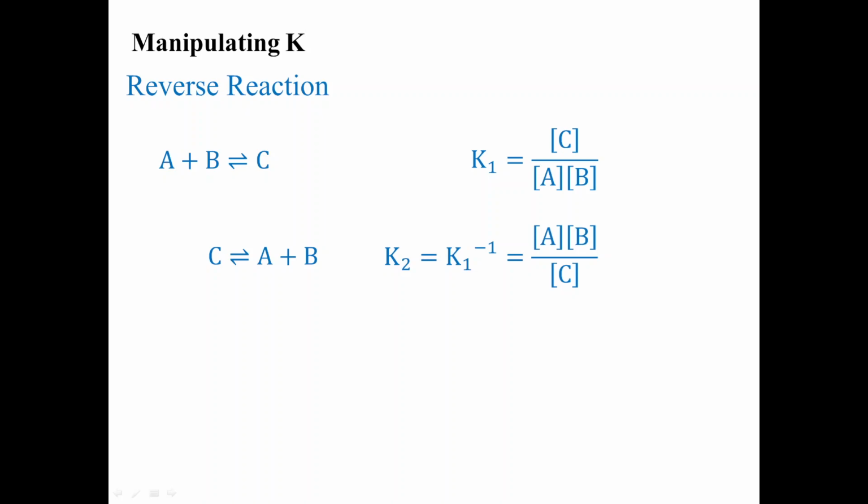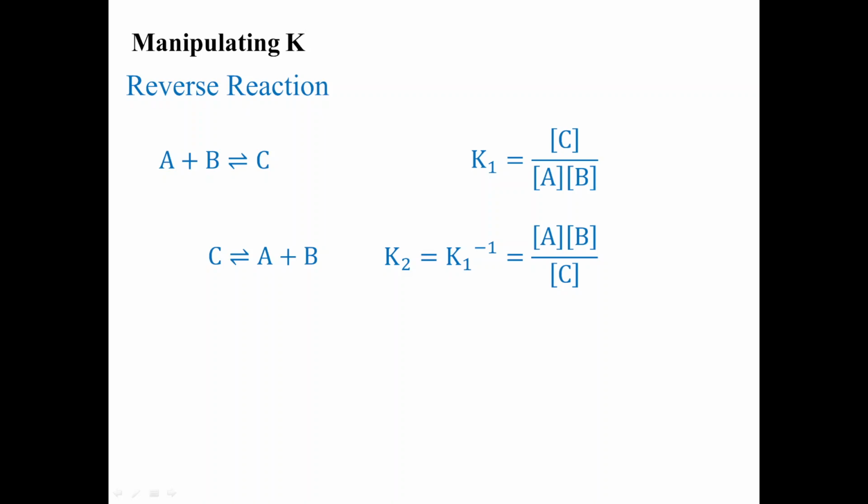So we have A plus B yielding C, giving us K1, where we have concentration of C divided by concentration of A divided by concentration of B. And if we write the reaction in the reverse way, where we have C yielding A plus B, then this will give us K2 being concentration of A times concentration of B divided by concentration of C. Or another way of thinking of this is it's going to be our K1 raised to the negative 1, or the inverse of K1.